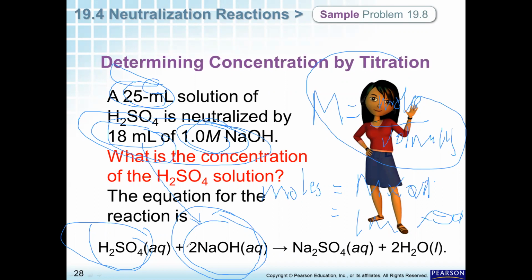We do the same thing for the sulfuric acid: divide the moles by the volume, and that's the concentration. It's very simple. The question might get more complicated than this. This is very straightforward, but instead of asking you for the concentration, we could ask you for the volume. We give you the concentration of both, and one volume is unknown. That's another way of doing the question.